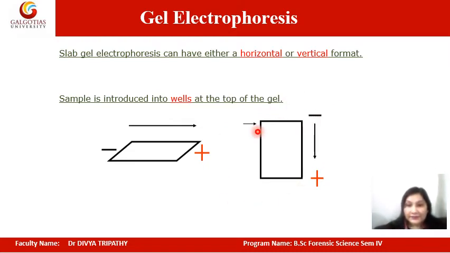This means vertical gel electrophoresis is also under the influence of gravitational force, and this type will give results earlier when we compare vertical electrophoresis with horizontal electrophoresis. But both have some advantages and disadvantages that we will learn in the coming slides.